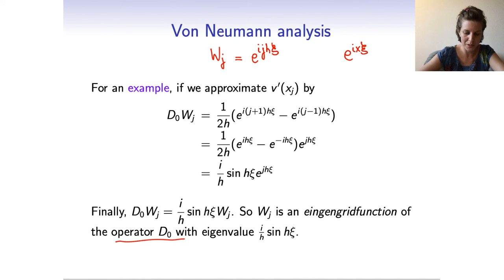But now we are on the discrete grid, okay? So we are looking for x_j, in which x_j is j times h, for j going from 0 until some number n.